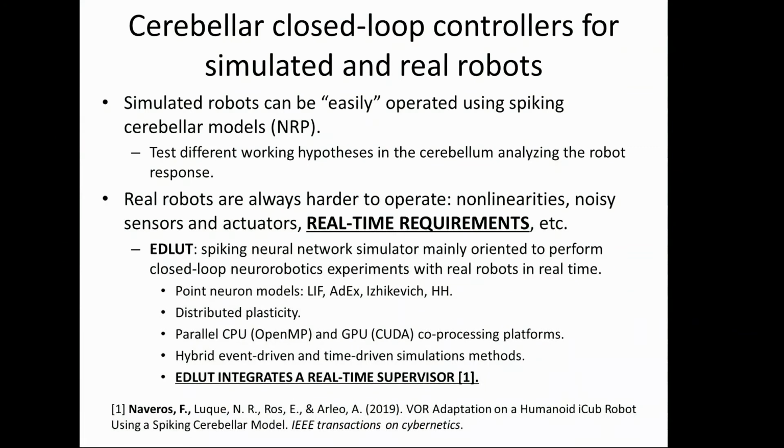And finally, EDLUT integrates a real-time supervisor that ensures that the simulation is going to run in real time. It's able to speed up or slow down the simulation to fit this real-time requirement.